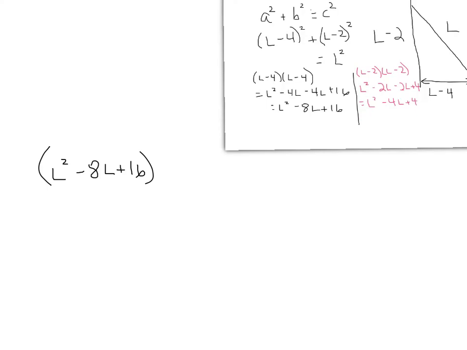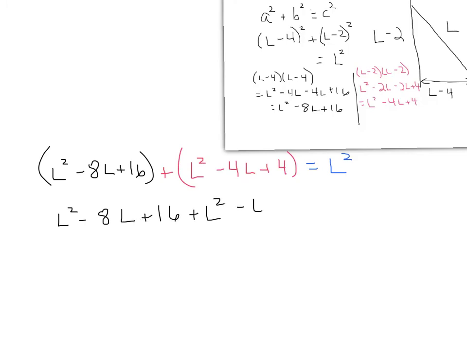We have L² - 4L + 4. And that's going to equal L². So now let's combine all of our left-hand terms, and we have L² - 8L + 16 + L² - 4L + 4, and that's going to equal L².